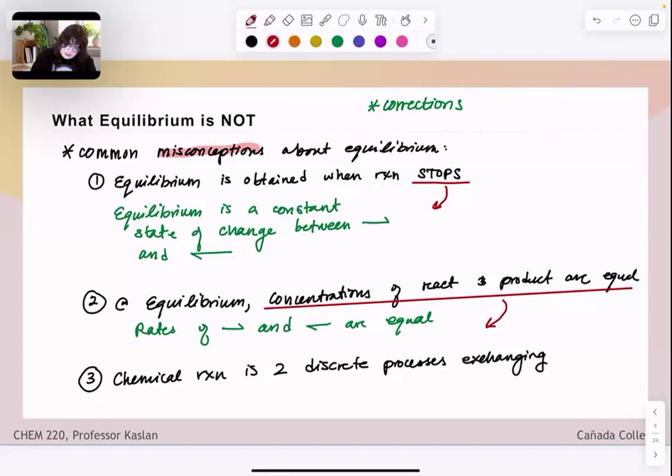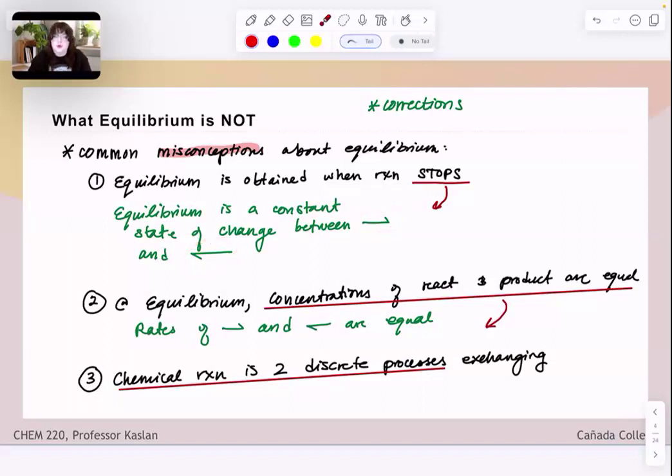Now I can see how if you're coming from Chem 210 and you're just being introduced to the idea of equilibrium, especially since we're using this arrow notation to show the forward and reverse aspects of our chemical reaction, it would be easier to think that the forward reaction and the reverse reaction are two different things that are happening.